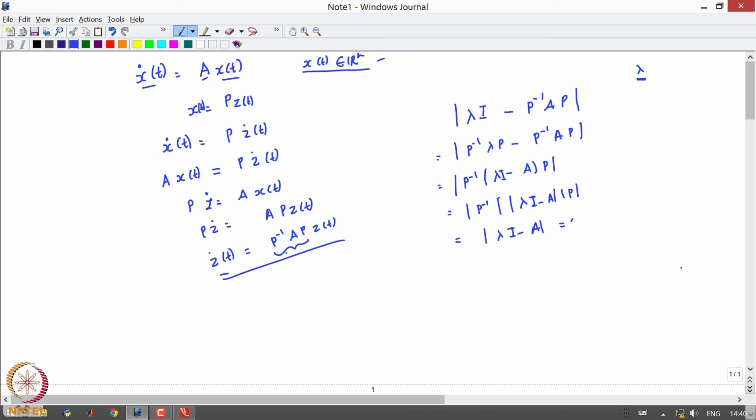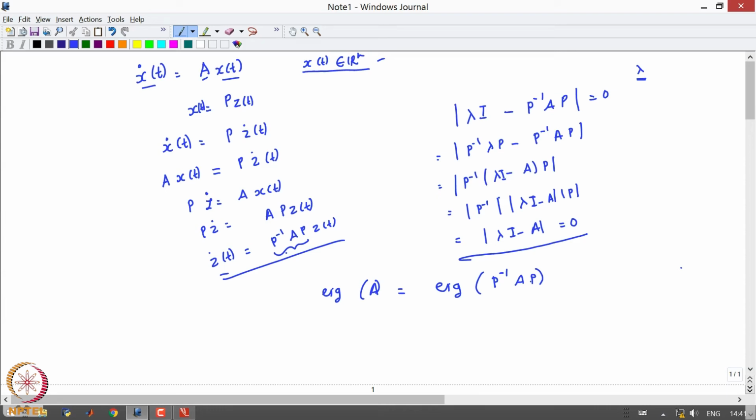The solution to the characteristic equation would just be to equate this to 0. If I equate this to 0, it is as good as equating lambda I minus A to 0, and therefore the eigenvalues of the matrix A are the same as the eigenvalues of P inverse A P. So, much of the properties remain invariant.